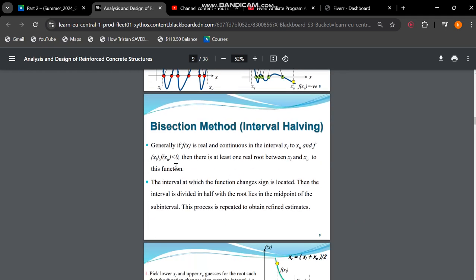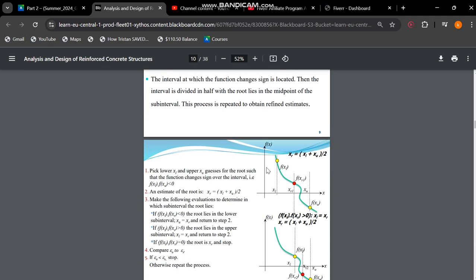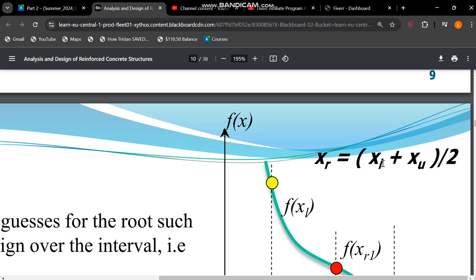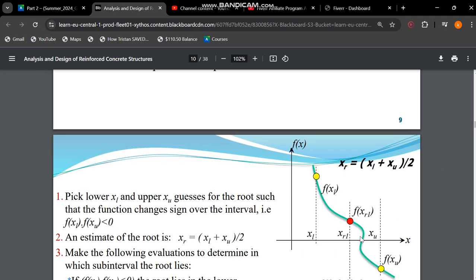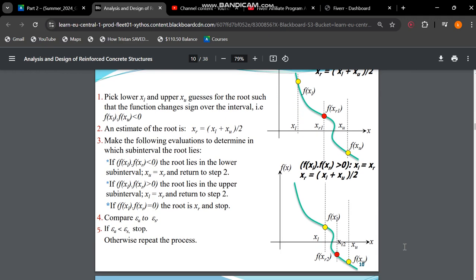Here you go. So now we're going to look into the bisection method proper. The main formula for the bisection method is xr, the estimated root, equals (xl + xu) / 2. So it's basically the midpoint between the lower and the upper bound. That's how it approximates the root. One thing you have to keep in mind in this method is f(xl) multiplied by f(xr).